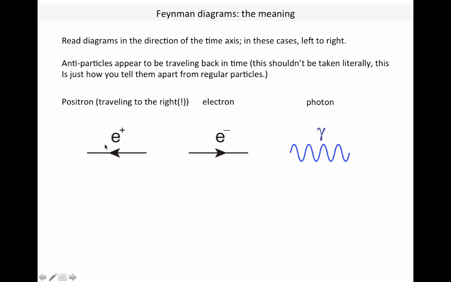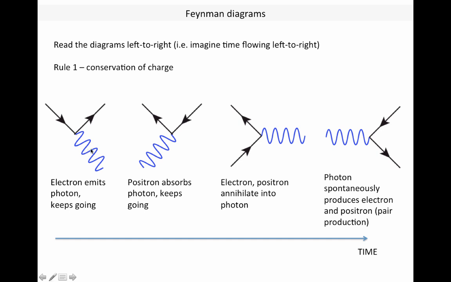So this positron here, the anti-electron, which is represented by an arrow pointing to the left, is actually a positron that is traveling to the right, that is traveling forwards in time. So bear in mind that although the arrows for antiparticles point backwards in time, the antiparticles themselves are still moving forwards in time.